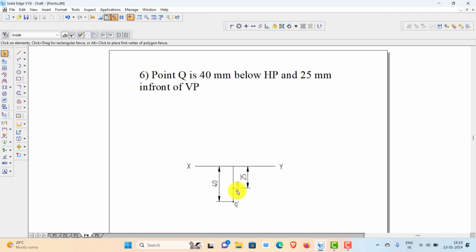And top view is below XY line means it is in front of VP. The point is in front of VP. Top view is 25 mm below XY line. So the point is 25 mm in front of VP. Since both the views are below XY line, you can mark HP and VP below XY line. Both the horizontal and vertical planes are overlapping here.